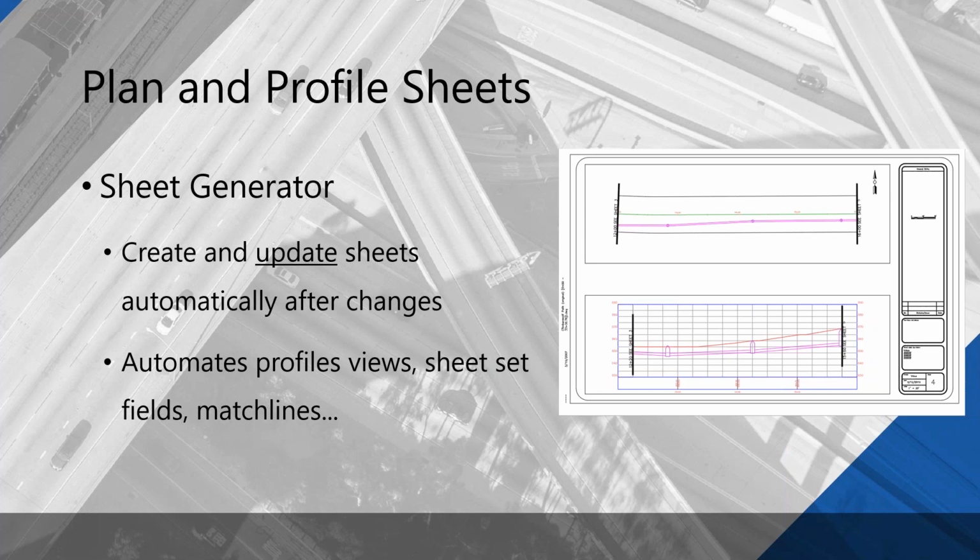Sheet Generator handles with the big addition of being able to update those sheets after the fact. Because what would you normally do? You would either delete all those sheets and then create them again from your view frames, or you go and manually update those viewports and view twists and all that kind of stuff. It becomes a very time-consuming process.